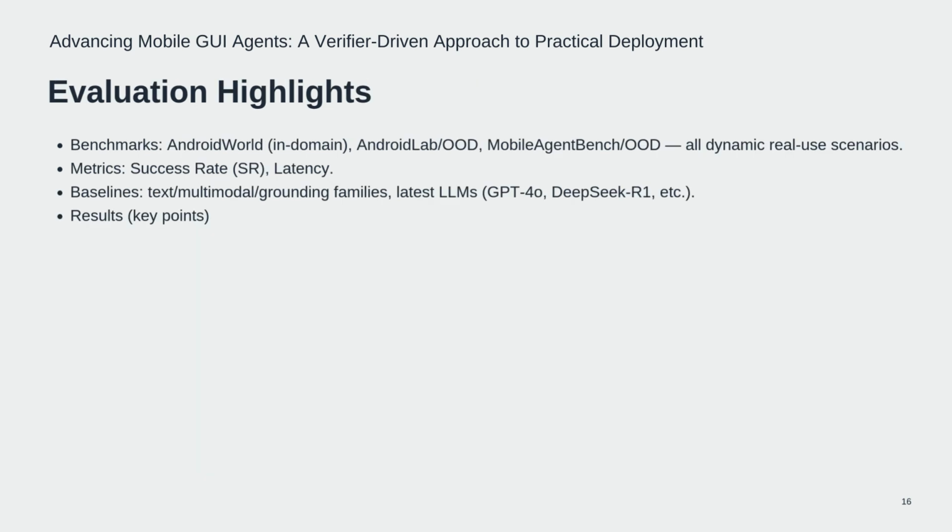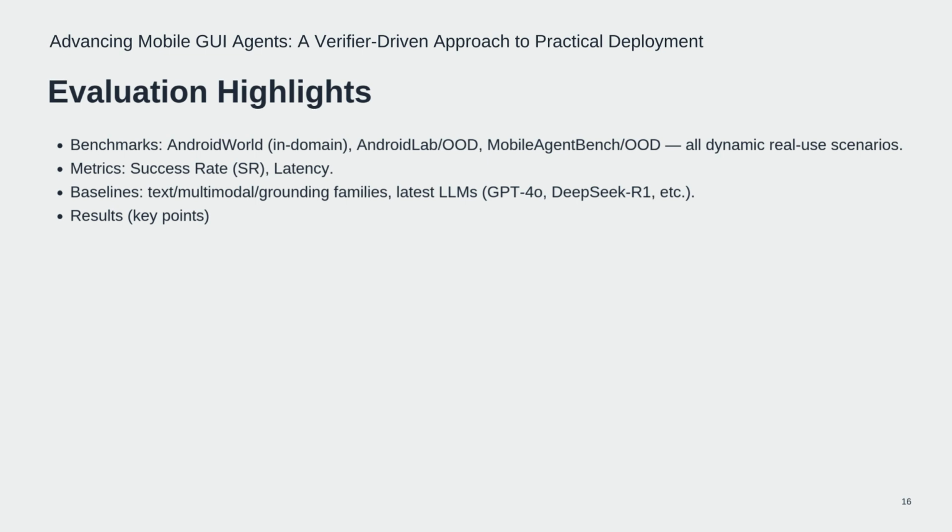With the system built and the verifier trained, how does Voidroid actually perform? Here I will summarize the key evaluation results. Benchmarks: they evaluate on three benchmarks of mobile task automation: Android World, Android Lab, and Mobile Agent Bench.